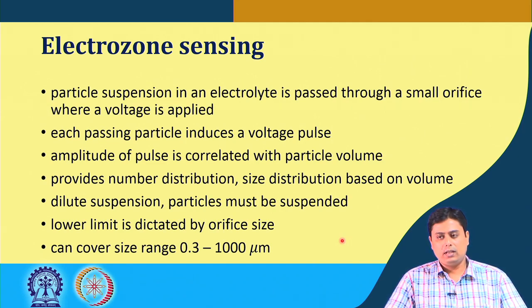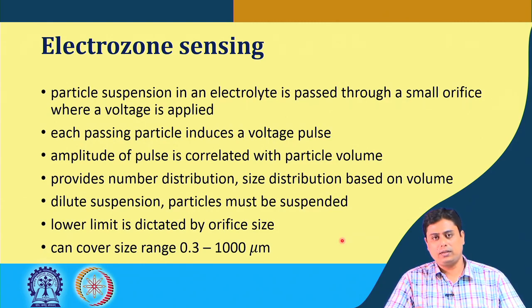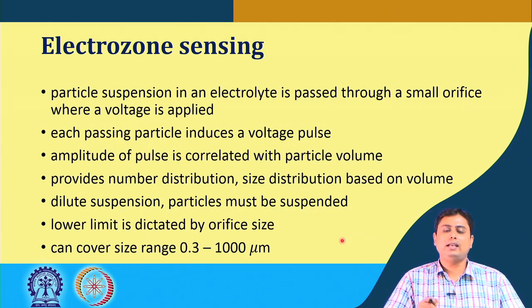So, when there is electrolyte and a constant supply of voltage, the electrolyte imparts some resistance. Now, when a particle passes through that orifice during this withdrawal of the suspension, the particle actually displaces some electrolyte to go through that orifice, and since electrical voltage is applied across that orifice, it creates a voltage pulse.